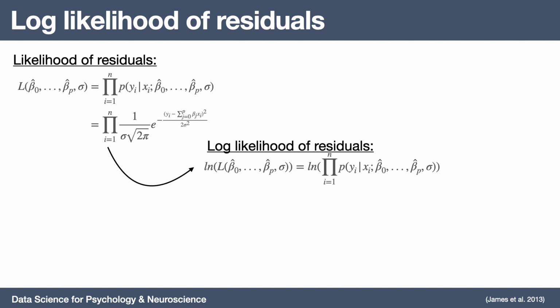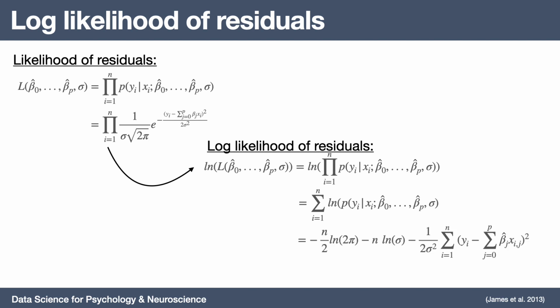So if we take the natural log of your likelihood function, it takes that product and turns it into a sum. So now I have the sum of the log probabilities of my data y, given x, my regression coefficients and variance, which, with a little bit of rewriting here, if you assume that that probability distribution is normal, comes down to this form here.